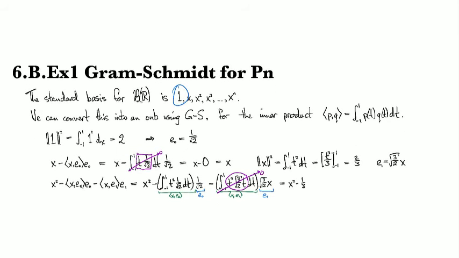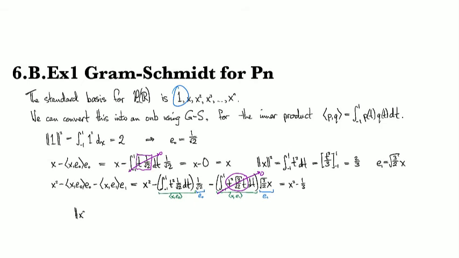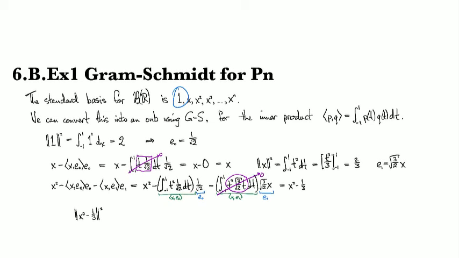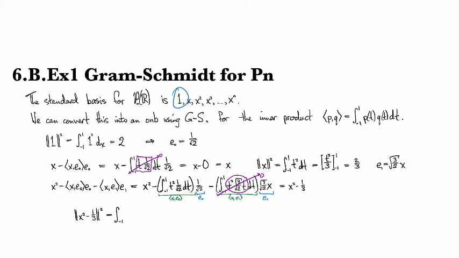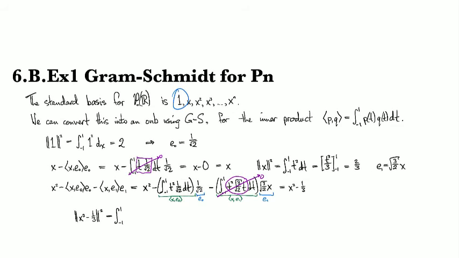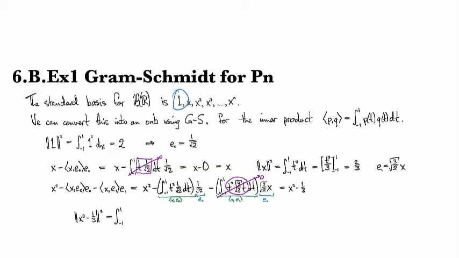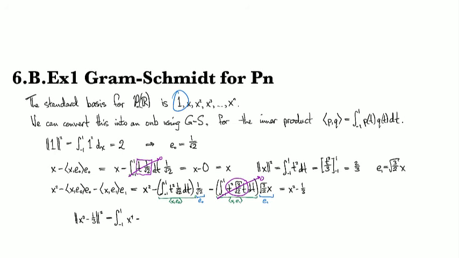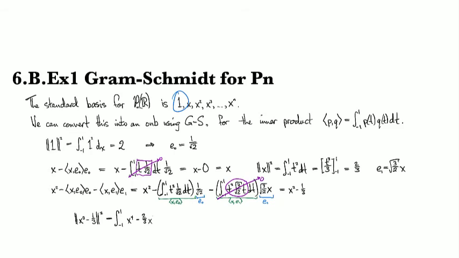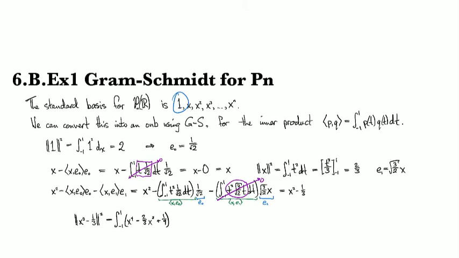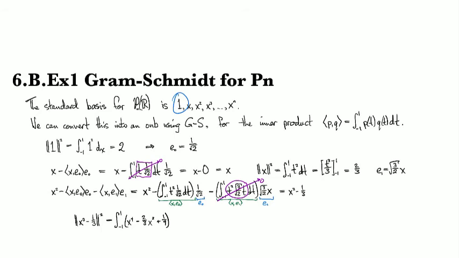And then I need to figure out what the magnitude of x squared minus 1/3 is, so I'll compute its square. That's the integral from -1 to 1 of x squared minus 1/3 times itself, which multiplies out to x to the 4th minus 2/3 x squared plus 1/9.